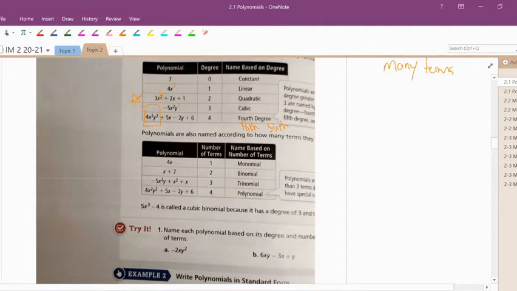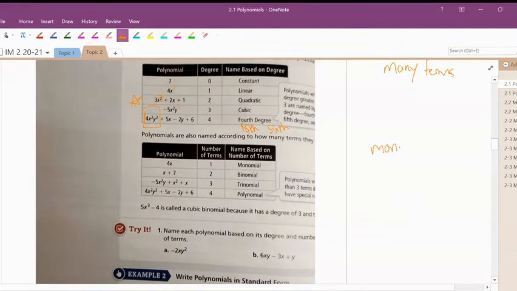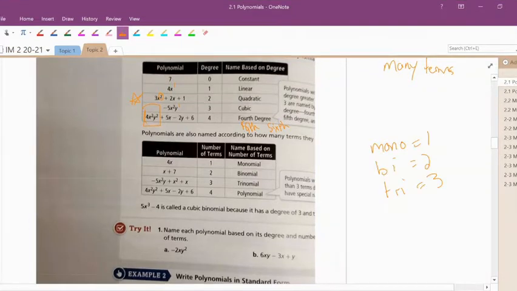We can also name polynomials by the number of terms they have. So 4x is just one term, so it's a monomial. Again, mono means 1, bi means 2, and tri means 3. So if we have 2 terms, it's called a binomial, because bi means 2. Negative 5x squared y plus x squared plus x, we have 3 terms, so it's a trinomial.